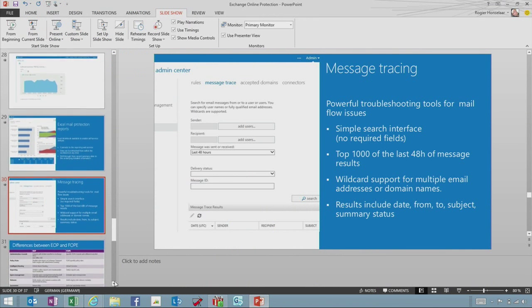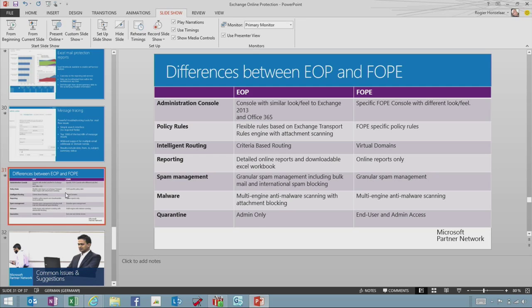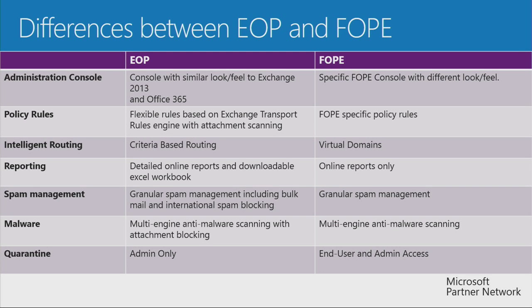One second. And now we talk about the main differences between Exchange Online Protection and FOPE. As we know, Exchange Online Protection replaced FOPE in the latest version of Office 365. Mainly, we have 3 key differences between the two products. First, integration, because now Exchange Online Protection, as we said at the very beginning of this training, is totally integrated in the admin panel and in the Exchange administration panel.